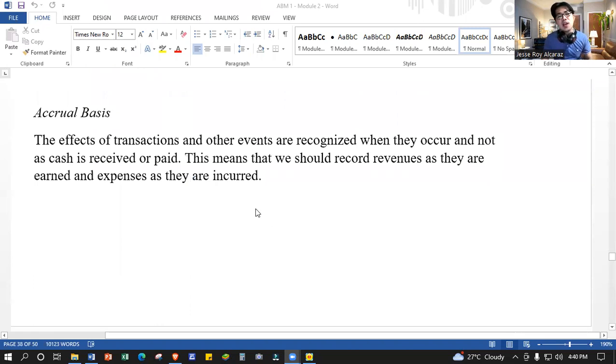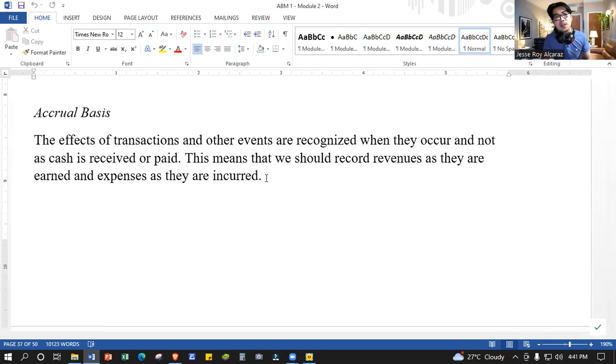The effects of transactions and other events are recognized when they occur and not as cash received or paid. So this is a review of what we have discussed in the face-to-face classes, wherein income and expenses are recorded when income is earned and when expense is incurred or used.